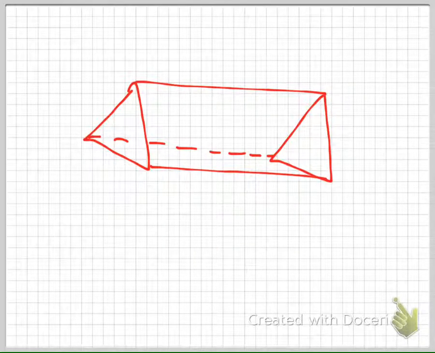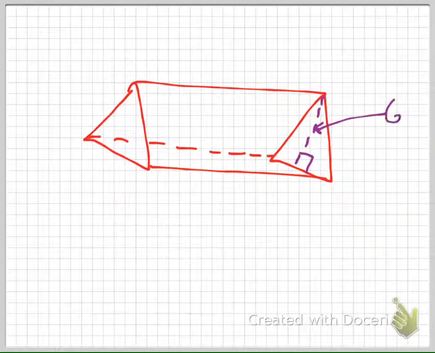You visualize the triangular prism, right? Let me do this in purple so you can see it. Here is the height of this thing. How do you know it's the height? I put that little 90-degree angle, right? I'm letting you know that is 90 degrees. So that's the height. We'll say 6 centimeters.